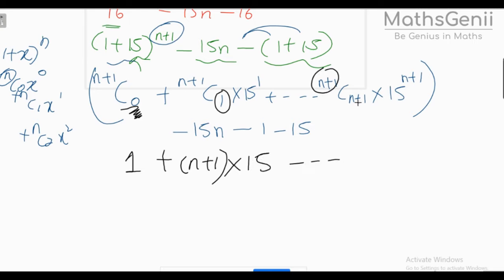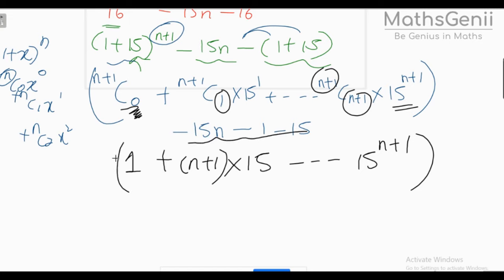Again, nCn is always what? 1. That is what I've told you. So nC1 is also 1. So what remains is only this term. Then you have again, I'm writing again, minus 15n minus 1 minus 15.